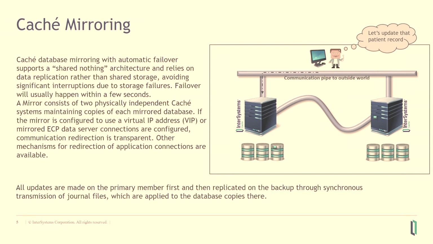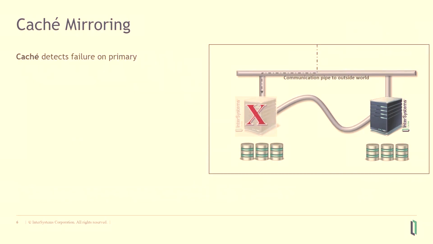There is also asynchronous mirroring. I'll talk about those as well. So once it's committed to both sides, it's failover ready, because now if a failover happens, the other side, the backup, already has that information, and it can continue to serve. It has the latest information. It's synchronized. So what happens when there's a failure? And a failure can be of any kind. You can lose a volume. It can be a network connectivity issue, so you cannot reach your primary. It can be multiple things, but it's something that we detect automatically.